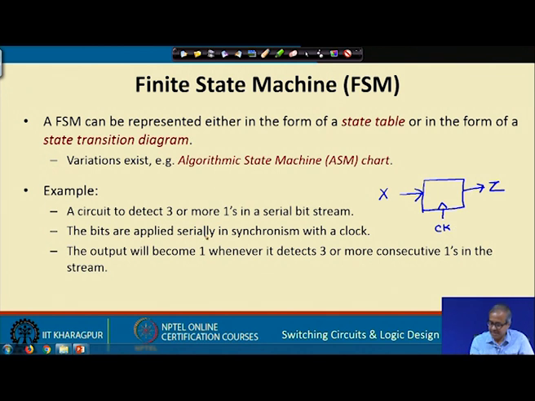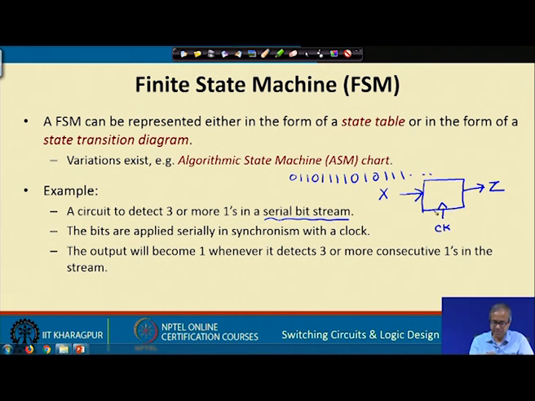So, in this input x, we are applying a sequence of bits, that means a serial bit stream. For example, we are applying a bit stream like let us say 0 1 1 0 1 1 1 1 0 1 0 1 1 1 and so on.